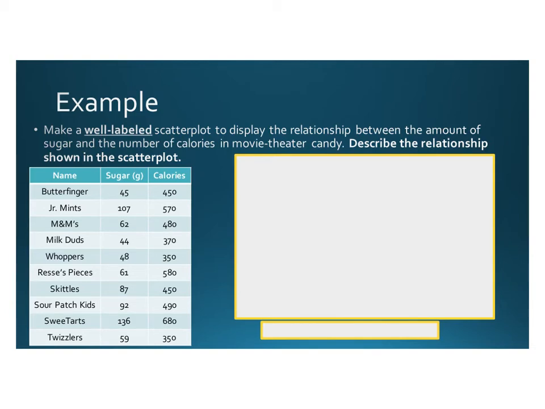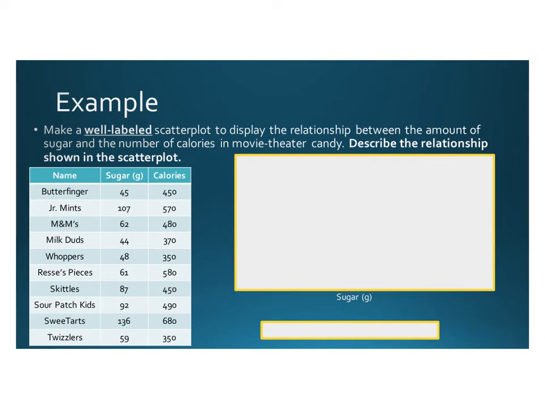First thing, what are we going to place on the horizontal axis? Hopefully you see that we are going to place sugar. And then on the y, we're going to put calories, okay? And there are some clues in our story that help us decide this.